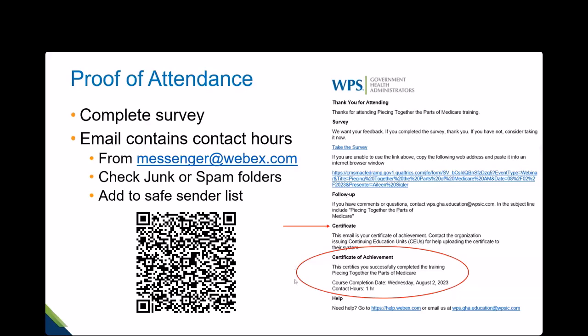The email is going to have your name on it, and that certificate of achievement provides you with the title, the date, and the contact hours. This email you can submit to your accrediting organizations in order to receive those continuing education units.